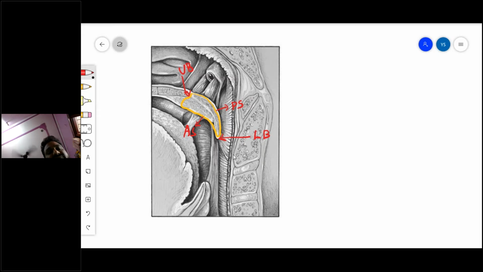Mainly two borders: the upper border attached to the hard palate, and the lower border, which is free, present below. And two surfaces: the anterior surface towards the oral cavity, and the posterior surface towards the interior of the pharynx.